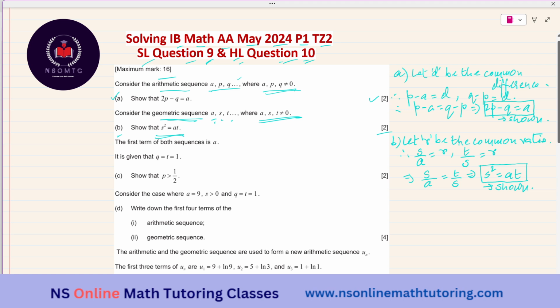Okay. The first term of both sequences is A, that we have seen. It is given that Q is equal to T is equal to 1. The third term of the arithmetic sequence and the third term of the geometric sequence both are equal to 1. Subpart C, show that P is greater than half. It is containing again 2 marks.